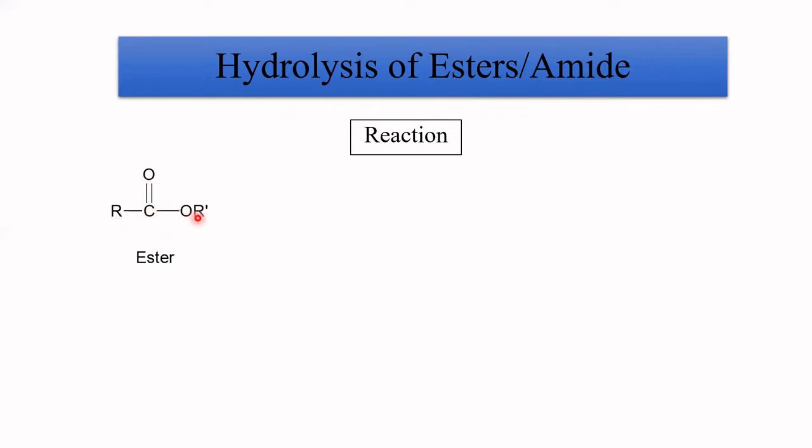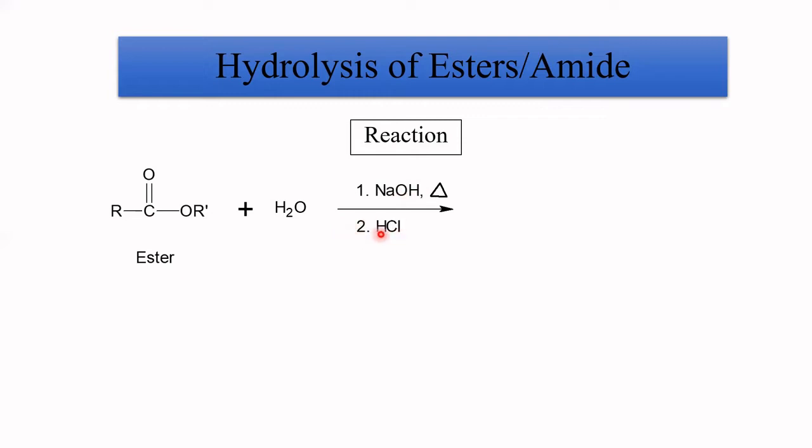Hydrolysis is definitely a reaction with water. These hydrolysis reactions are generally very slow processes, so you can catalyze them with the help of acids or bases. In today's experiment, we are going to talk about the alkaline hydrolysis of ester. You can see in step number 1, we have added NaOH. That means all this hydrolysis we are going to carry out in the presence of a base, that is alkali.